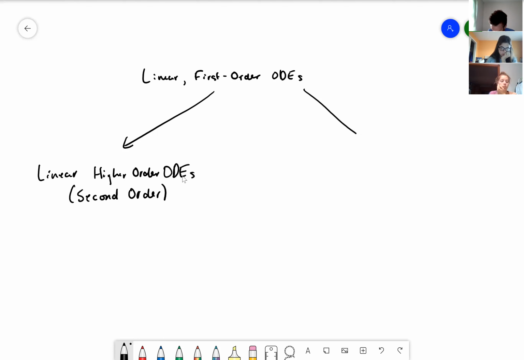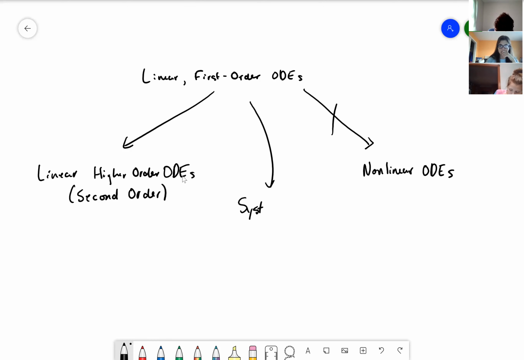There was another path that we could have taken that we did not, because it's much more difficult, and that's to look at nonlinear ODEs. So we didn't spend any time looking at this. And so the third possible way that we could expand the types of things that we're looking at is to look not just at one ODE, but a system of interconnected ODEs.